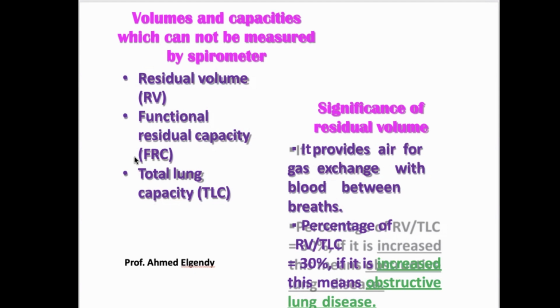What is the significance of residual volume? It provides the air for gas exchange between the blood and the breath. Because this amount of air remains in the lung all the time, it facilitates the gas exchange with each breath.